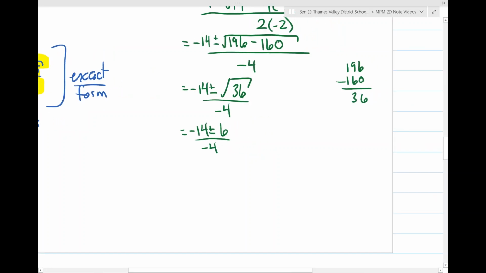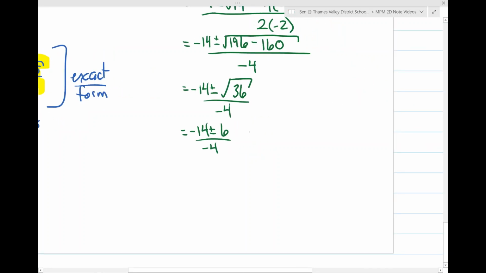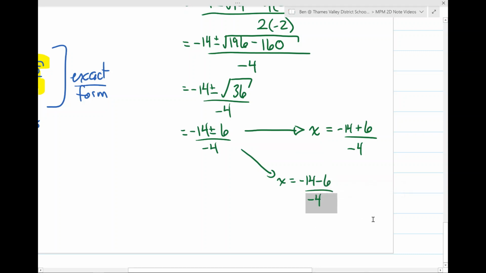So first we'll take that into our first x equals negative 14 plus 6 divided by negative 4. And our second solution will be x equals negative 14 minus 6 divided by negative 4. Right, so my first one, oops, maybe I should have left myself a tiny bit more space there.